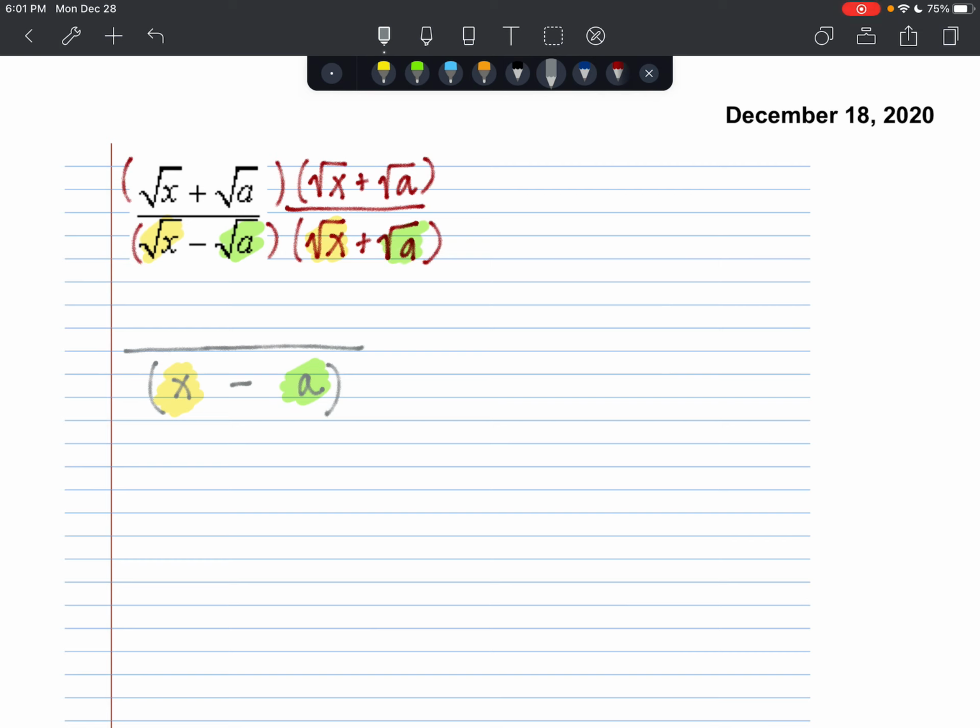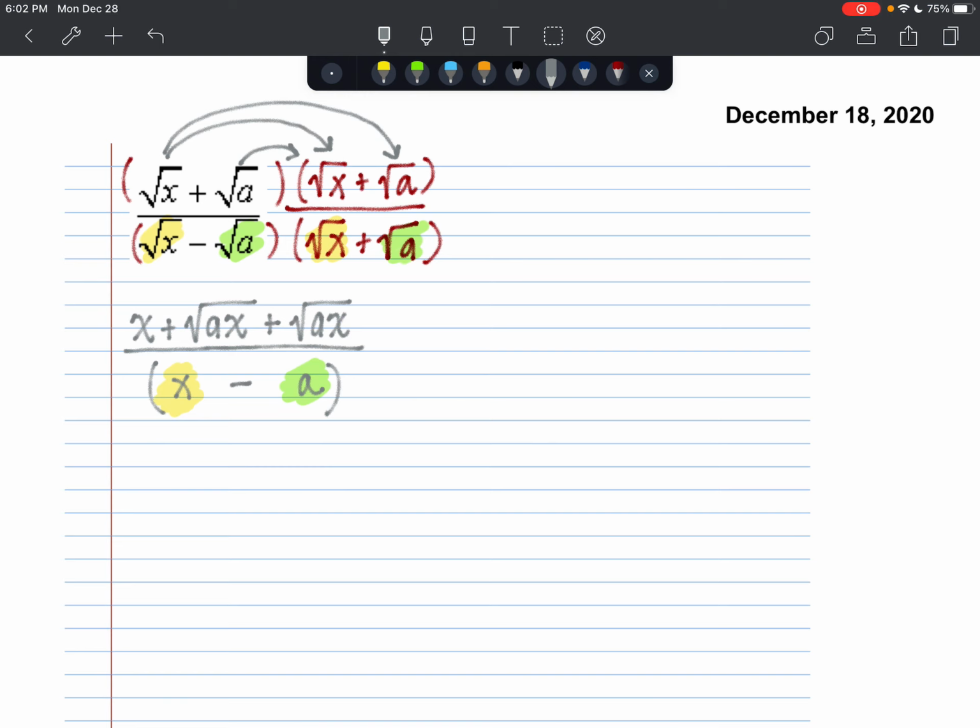In the numerator, the square root of x times the square root of x is x. The square root of x times the square root of a is the square root of ax. I'm just going to alphabetize my factors. The square root of x times the square root of a, we multiply the radicands, plus the square root of a times the square root of x. Again, keep those alphabetized.